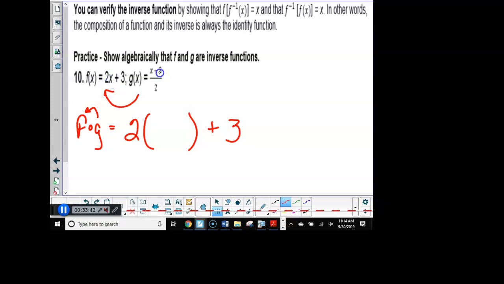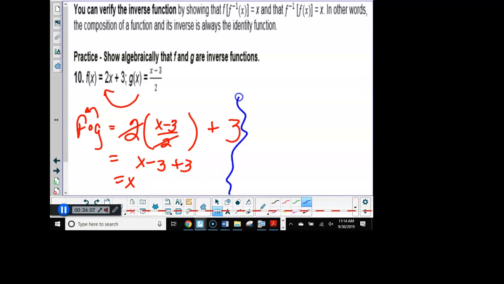Where there used to be an x here, we're going to put the g function, which was x minus 3 over 2. What would happen? The 2 would divide out, and then we would just have x minus 3 plus 3, which would be x. Make sure you show carefully the order that those go away in, okay?